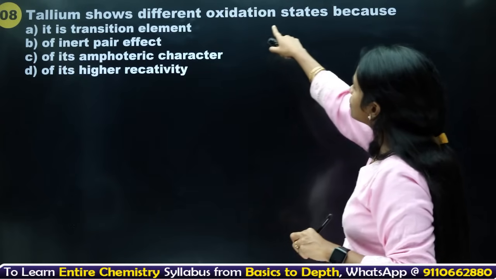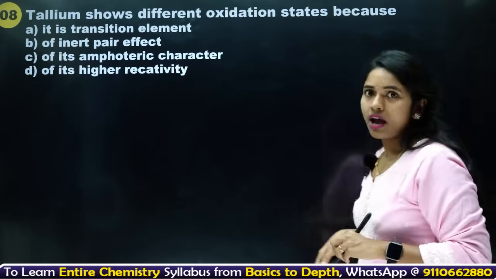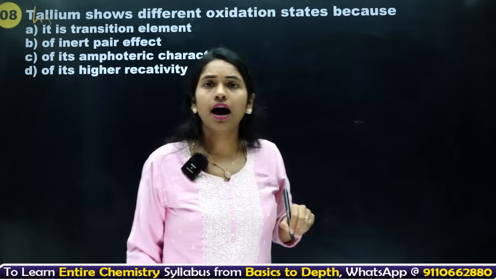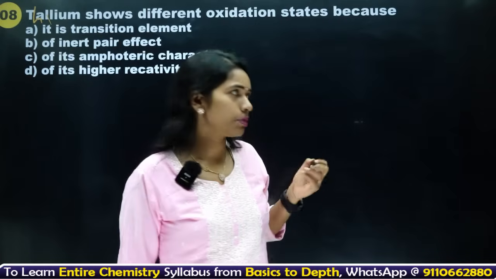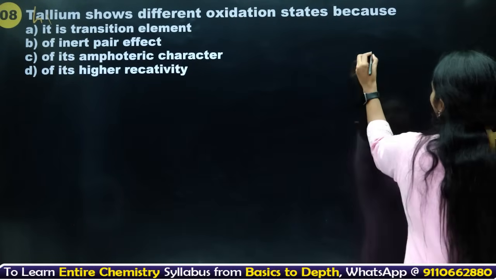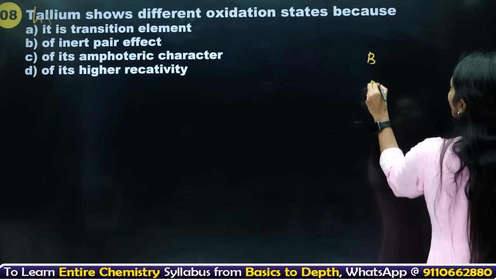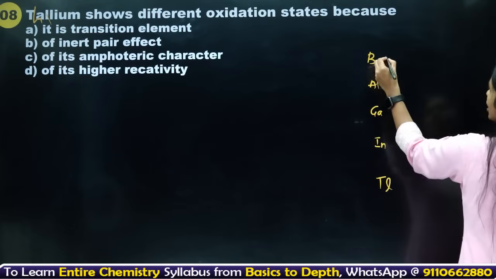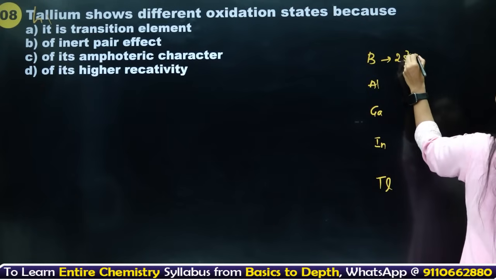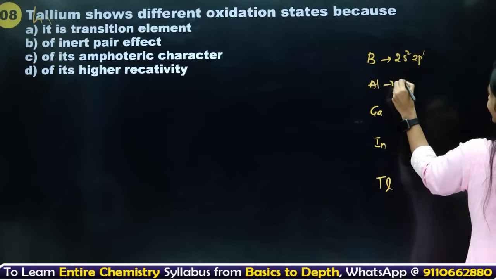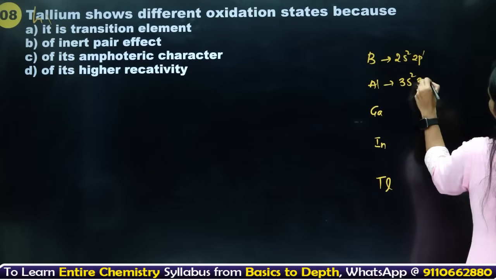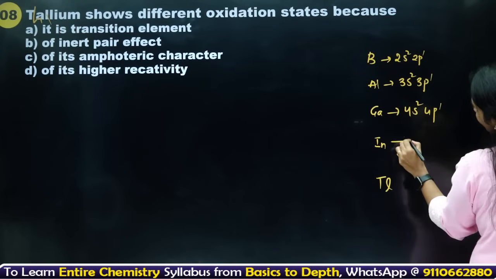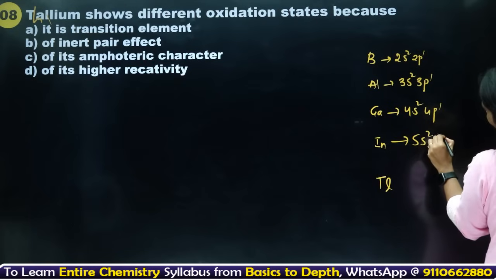Next, thallium shows different oxidation states. Why does thallium show different oxidation states? The boron family is boron, aluminium, gallium, indium, thallium. What is the valence shell configuration? 2s2 2p1, then 3s2 3p1, 4s2 4p1, 5s2 5p1, 6s2 6p1.